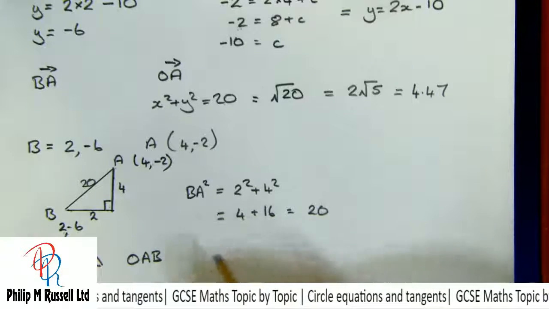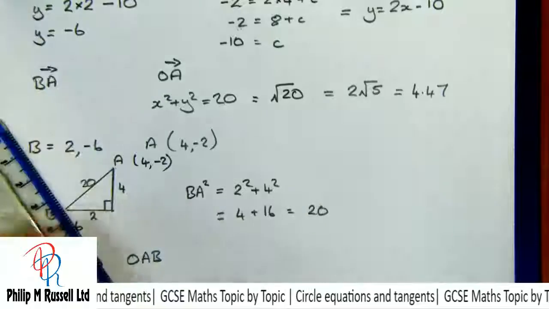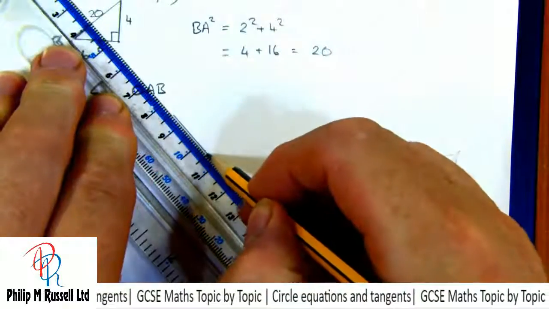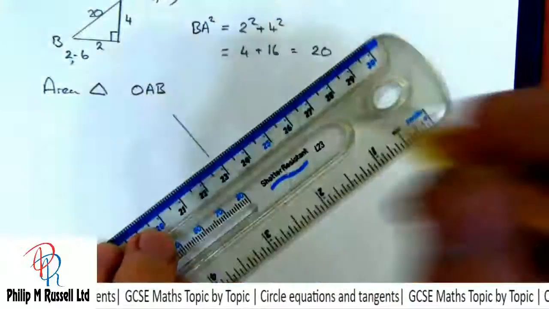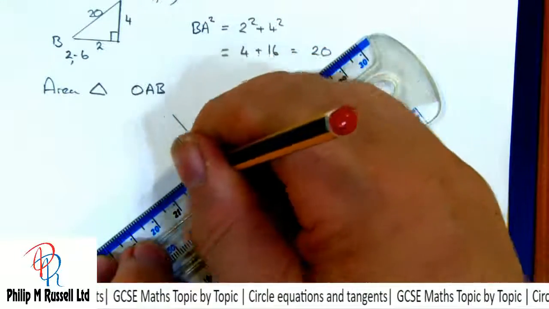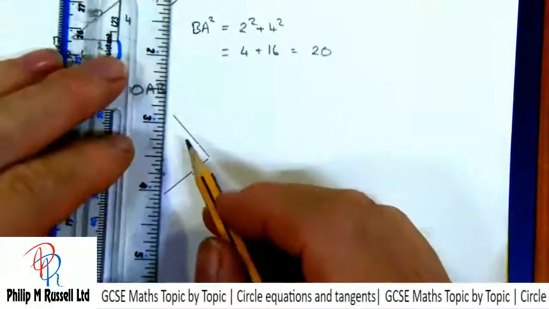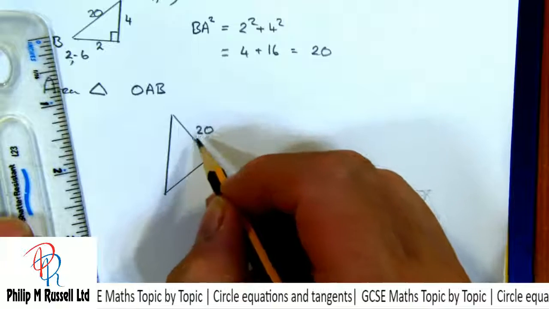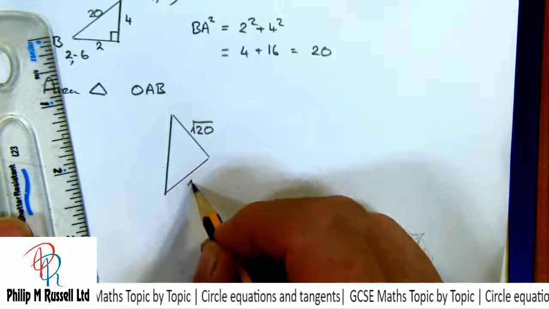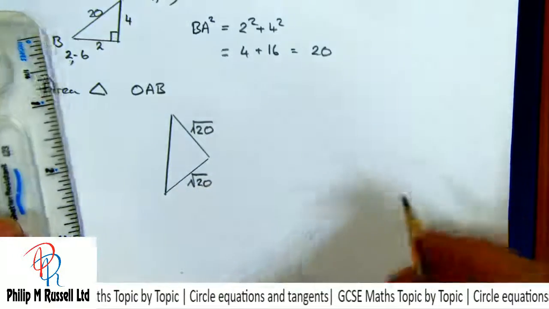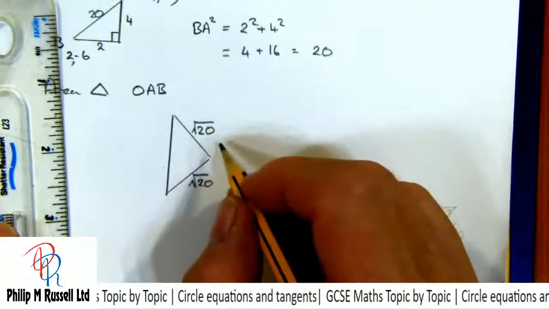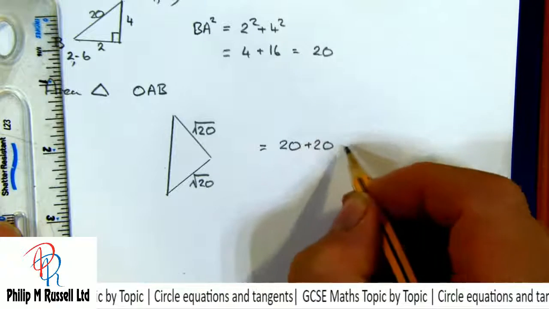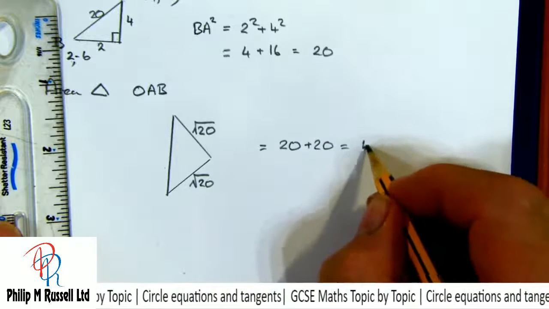It's got 2 sides, and if I draw those 2 sides in, it's a nice easy little triangle. That has a side of the square root of 20, that has a side of the square root of 20. So the square root of 20 squared is going to give me 20 plus 20, which is going to give me 40.